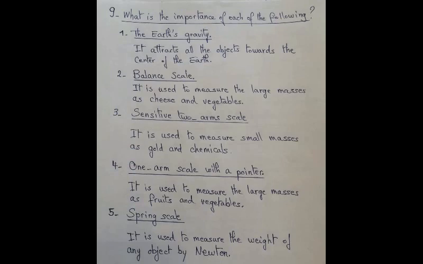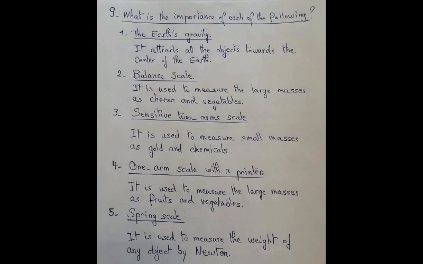Number 3 sensitive two arms scale، it's used to measure small masses as gold and chemicals. بتستخدم لقياس الكتل الصغيرة زي ايه؟ زي الذهب وزي المواد الكيماوية. Number 4 one arm scale with a pointer، it's used to measure the large masses as fruits and vegetables.